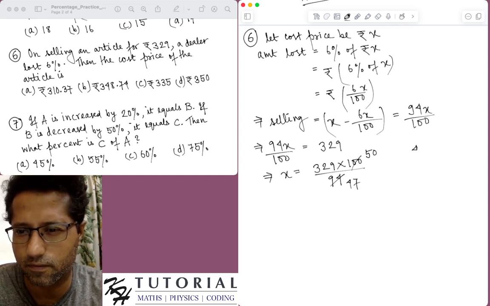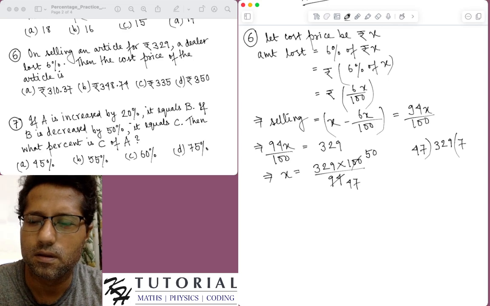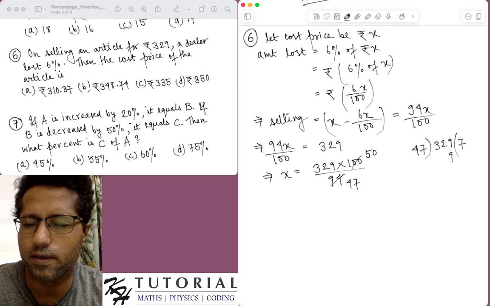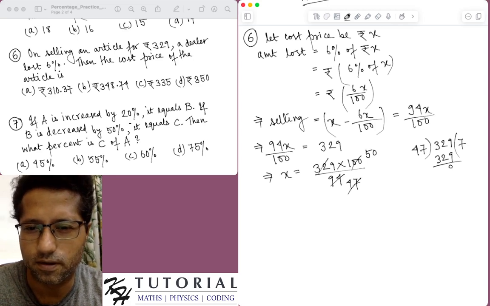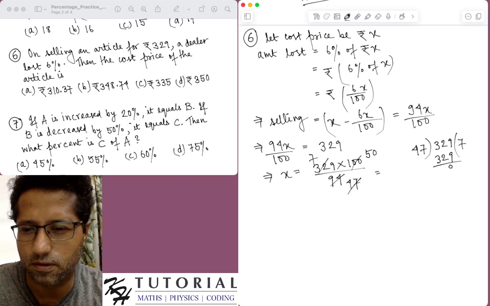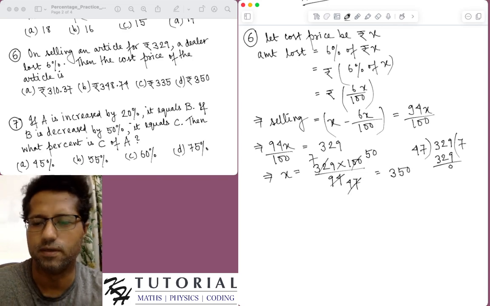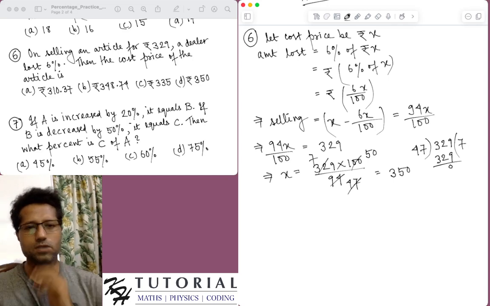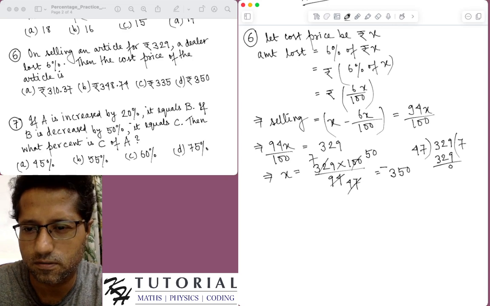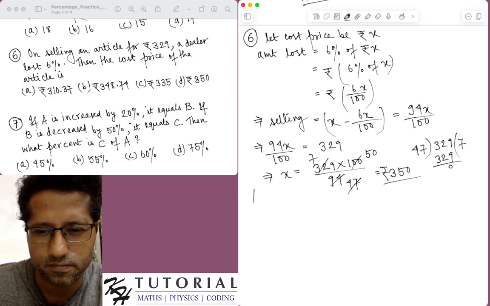Now will 47 divide 329? 7, this is 49, 28, 32, yes. So 47 divides 329 with 7, so this is equal to 350. So the cost price of the article was rupees 350. So the answer is choice D.